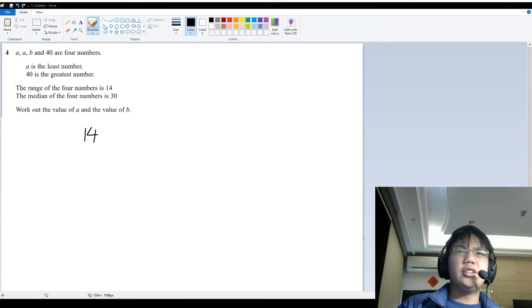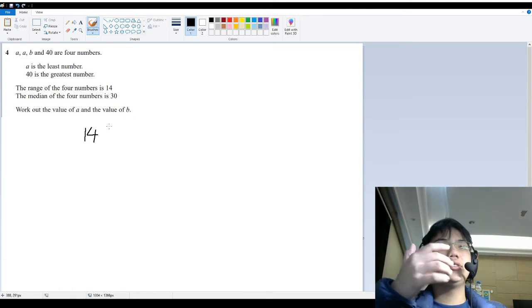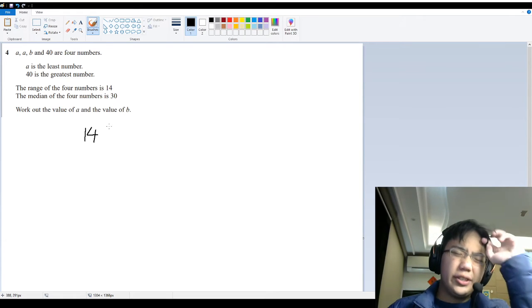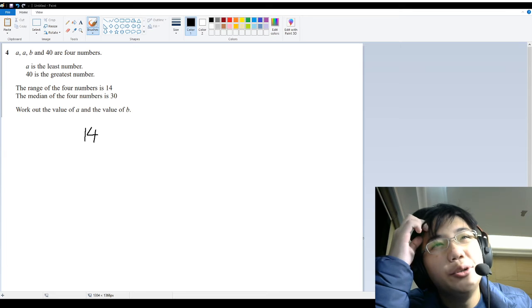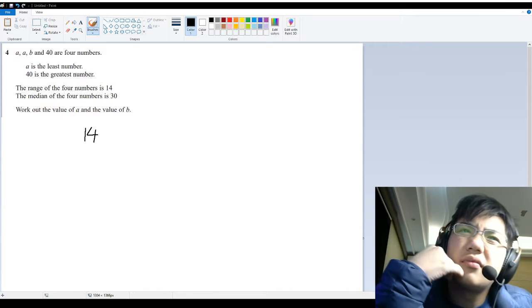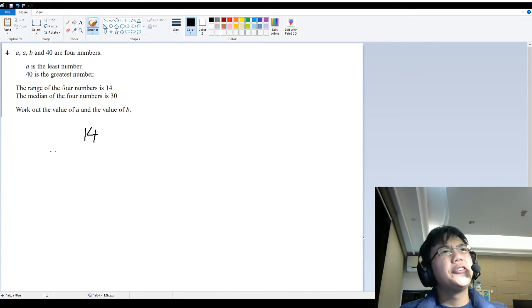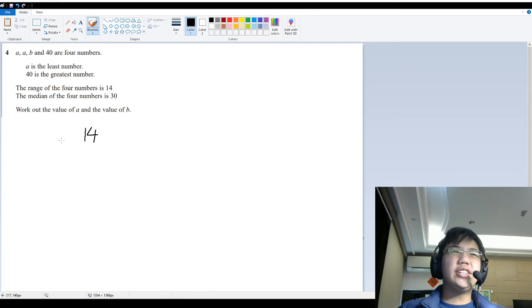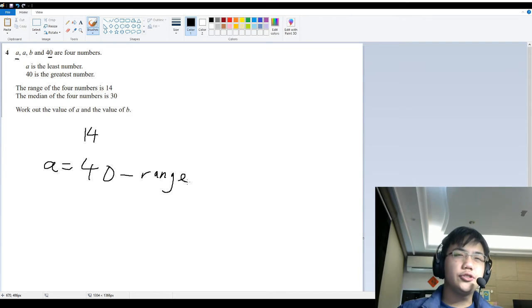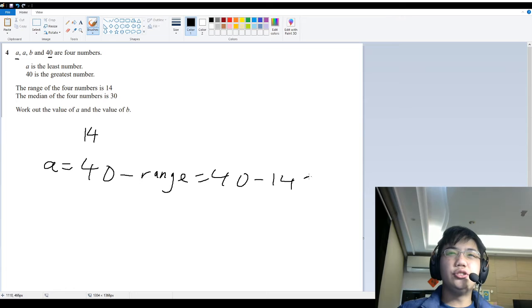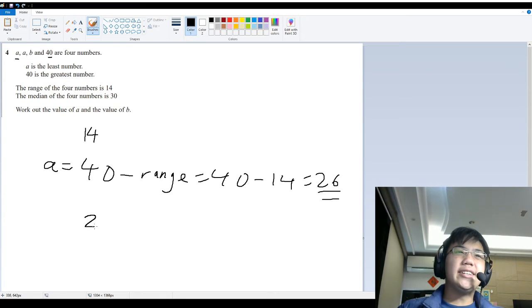Using the range, we can find the value of A. It says that A is the smallest number, and the range is the difference between the biggest number and the smallest number. Therefore, A equals 40 minus the range, which is 40 minus 14, which equals 26. Now we know that A is 26, so we have 26, 26, B, and 40.